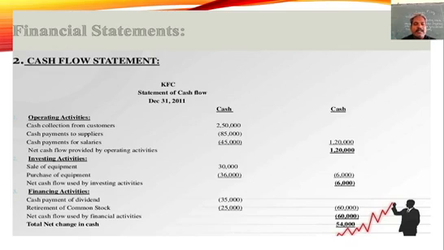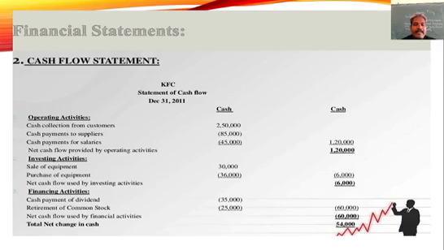In this, they have mentioned three categories: cash collection from customers, which is related to credit sales, and then two payments, cash payment to suppliers and cash payment to salaries. After deducting these two figures, we will get the net cash flow for the particular period.